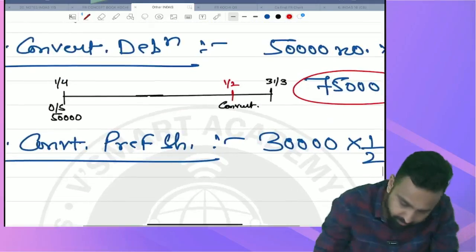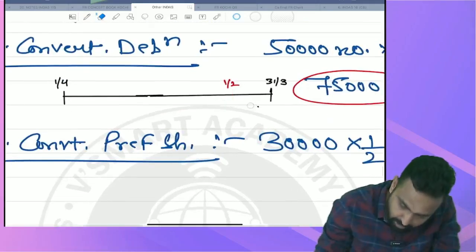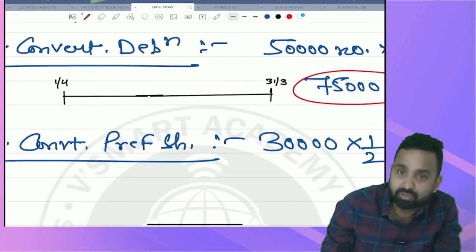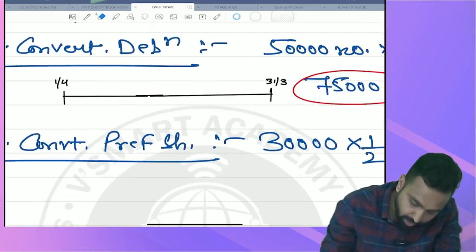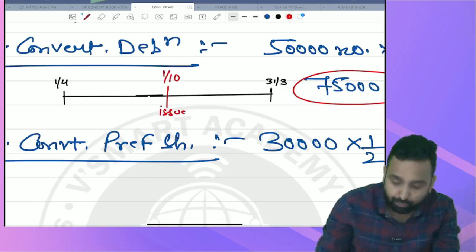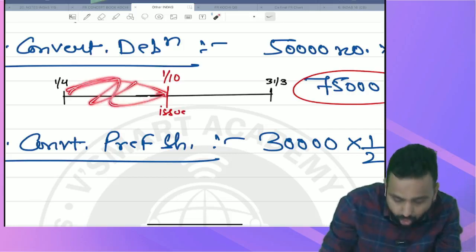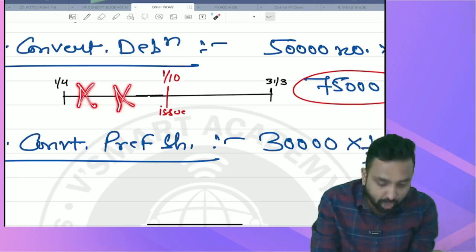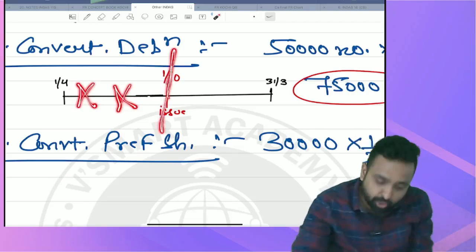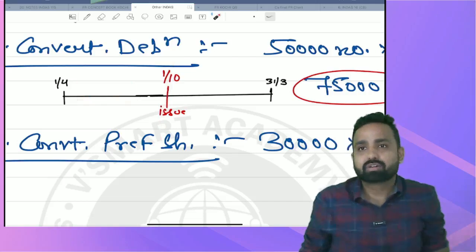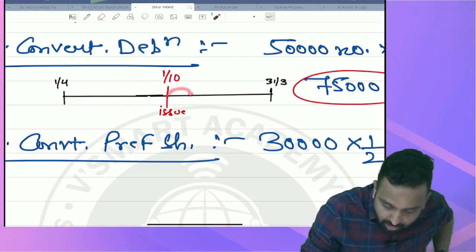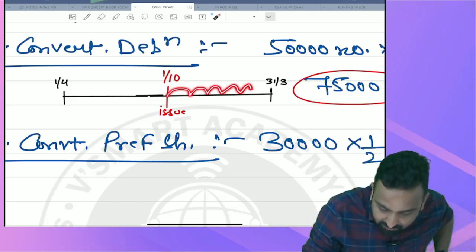Again the same thing for the preference shares. They were issued on 1st of October. Before that they were not outstanding at all, so not potential. They are potential from 1st October onwards: October, November, December, January, February, March.